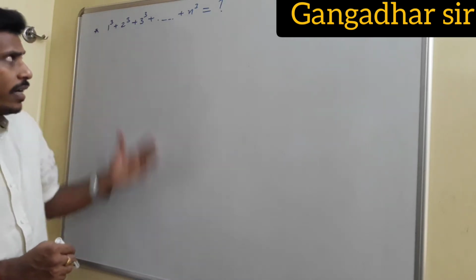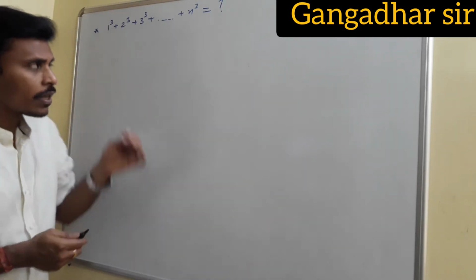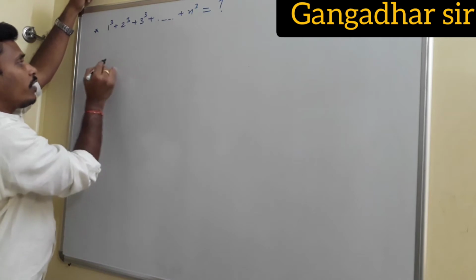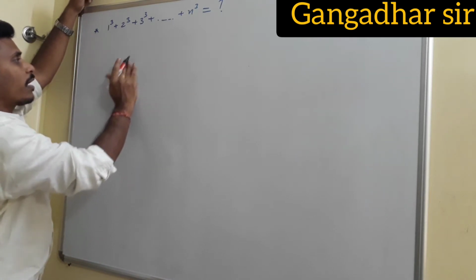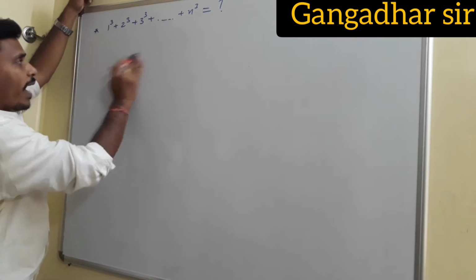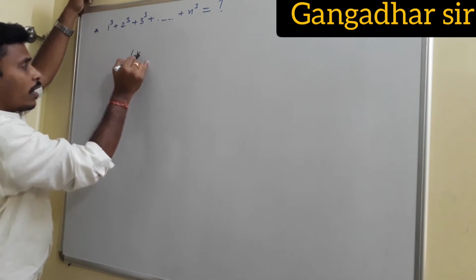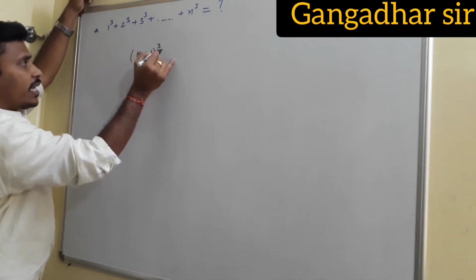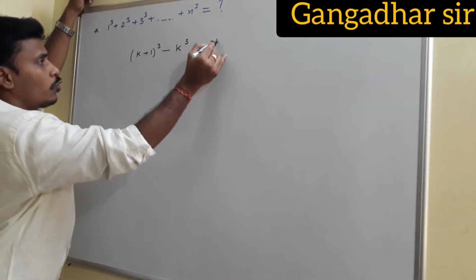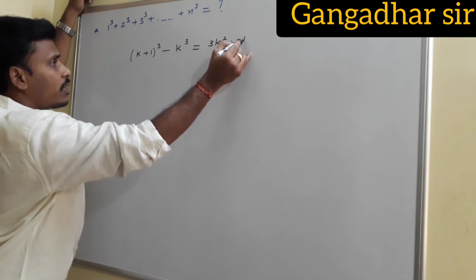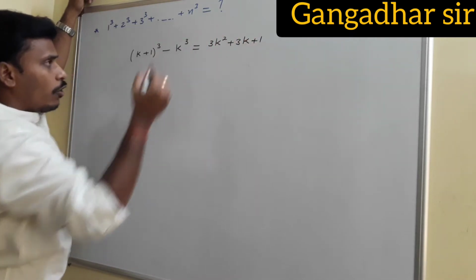To find the sum of the squares, in yesterday's class we considered an identity involving k plus 1 cube. To find the sum of the squares, we considered the identity (k plus 1) cube minus k cube equals 3k square plus 3k plus 1. Have a look at this.